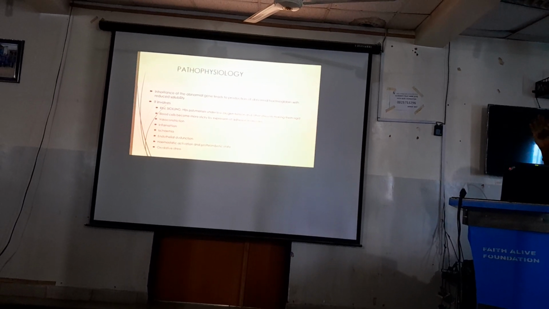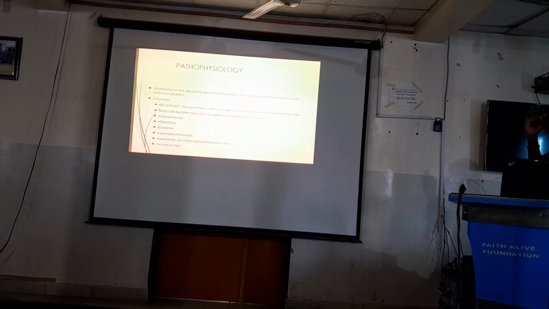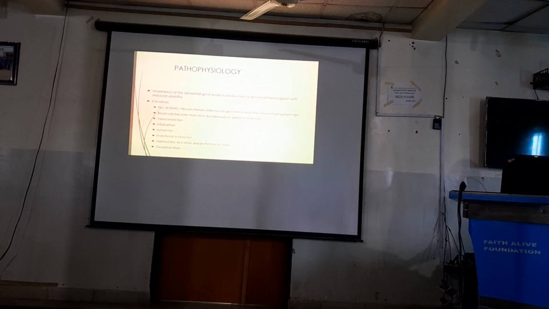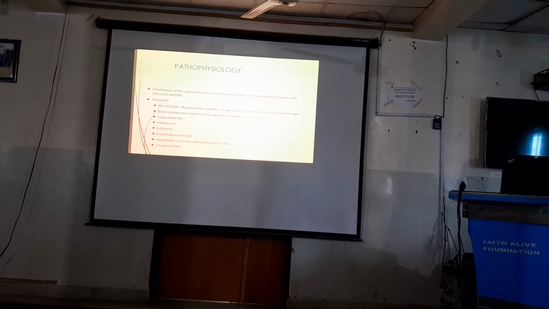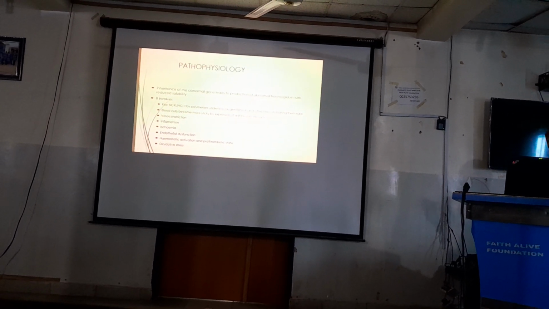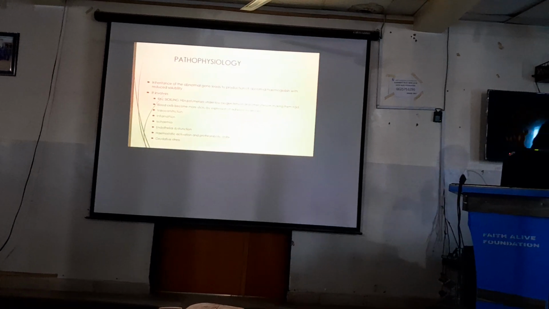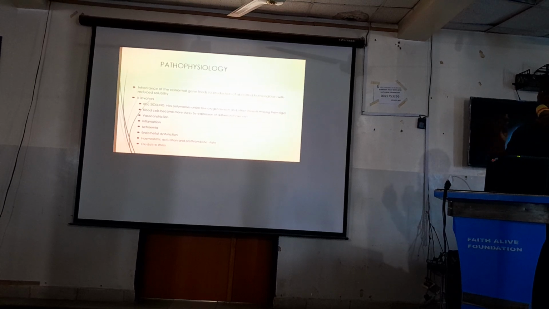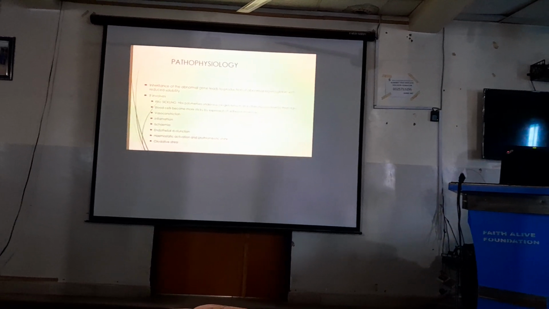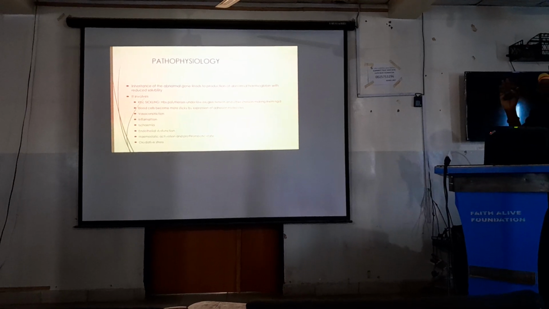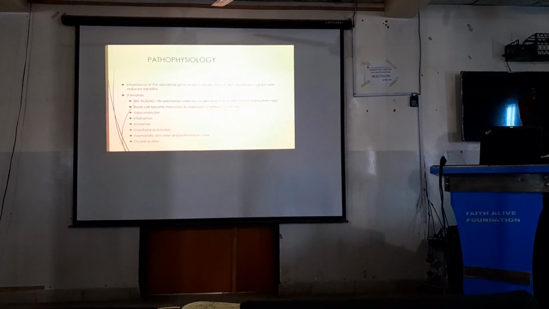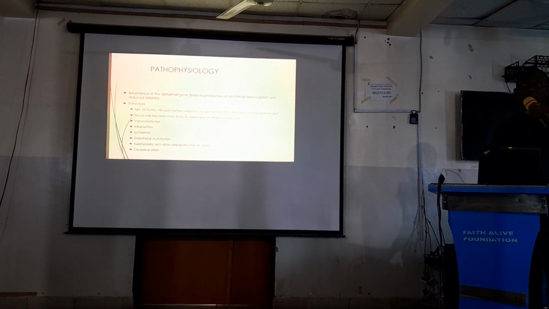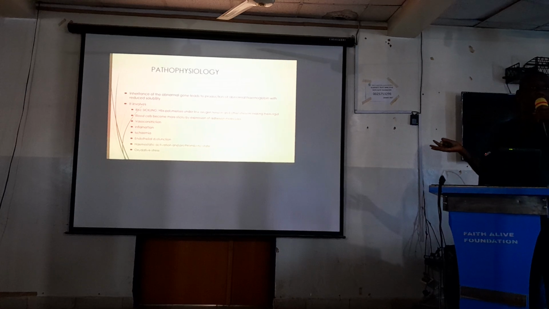So, part of physiology, like we stated, the original defect is the inheritance of the abnormal gene that leads to the production of abnormal hemoglobin. The abnormal hemoglobin has a particular property, okay, that makes it different from the normal hemoglobin. When subjected to stressful conditions, which include deoxygenation and stress from other pathogens, they polymerize and then deform the red cell.